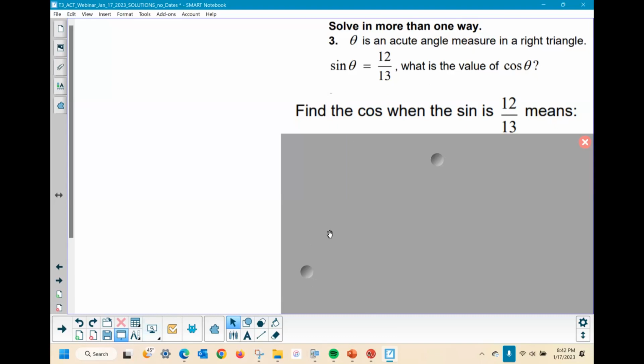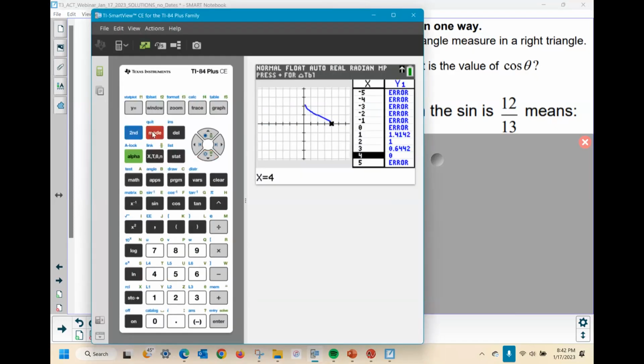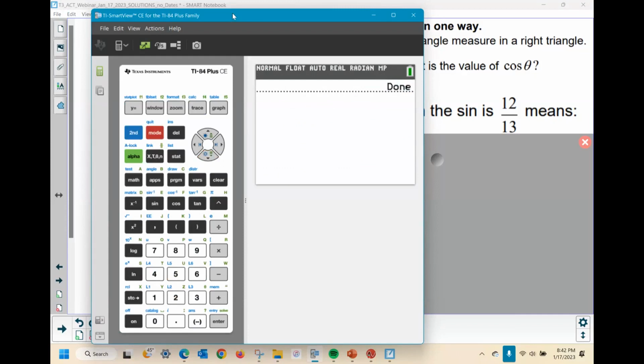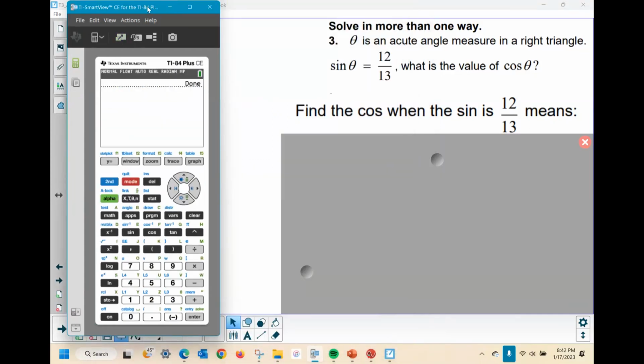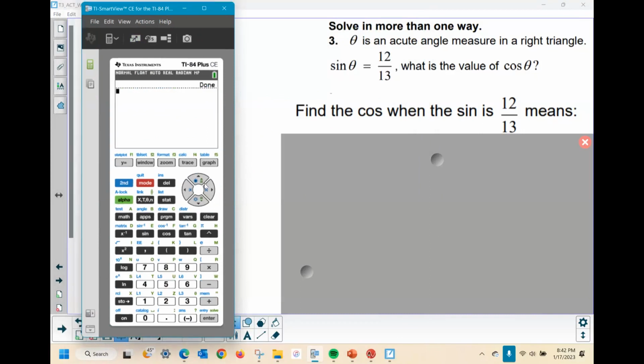Okay, so I'm going to go onto the calculator and go off to the home screen. And let me just make this regular size here. So I want to find the cosine, so I'll type in the cosine of the inverse sine of 12/13, because that's exactly what the question is asking.